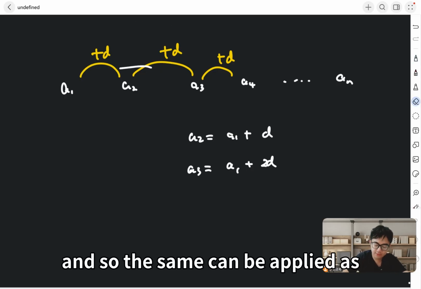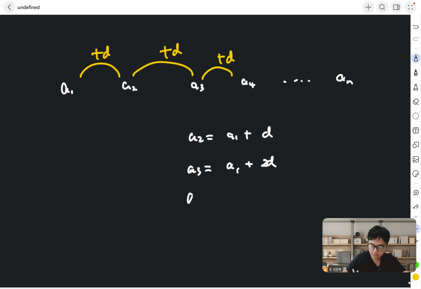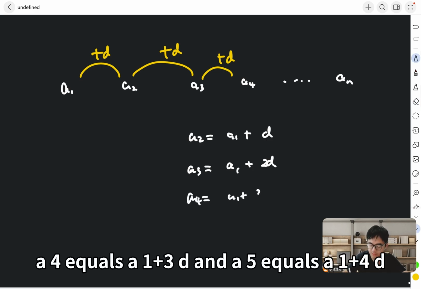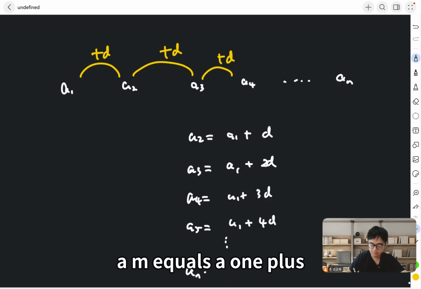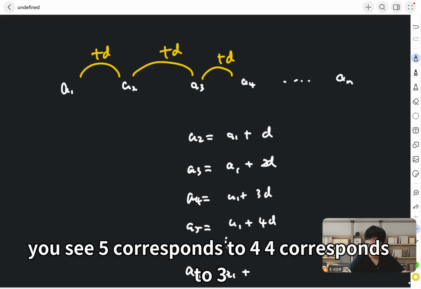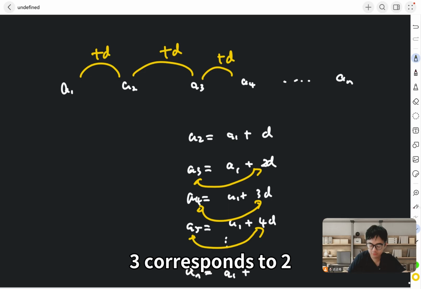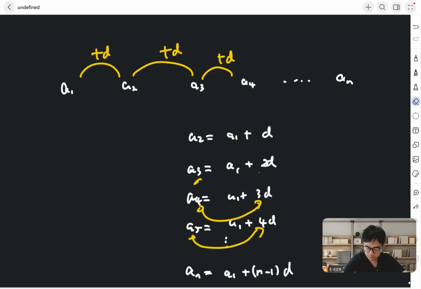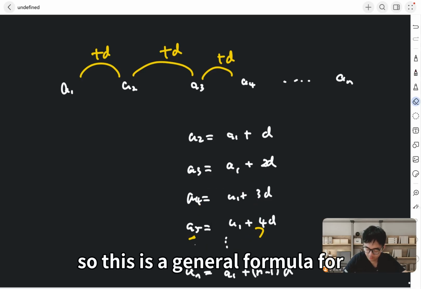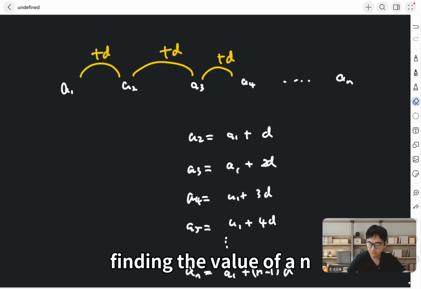The same can be applied as A4 equals A1 plus 3D, and A5 equals A1 plus 4D. So An equals A1 plus, you see, 5 corresponds to 4, 4 corresponds to 3, 3 corresponds to 2, so you're adding n minus 1 differences. So this is the general formula for finding the value of An.